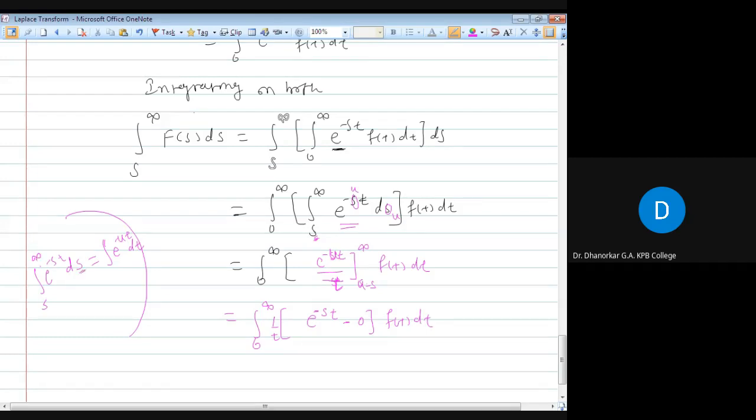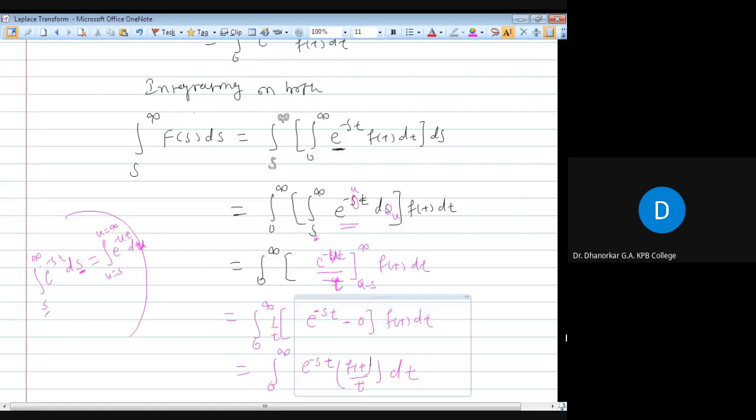We are not taking the integrand with respect to s, therefore I am changing this in terms of u, where u goes from s to infinity. That's why I'm making the corresponding change. Putting in the upper and lower limits, we get integration from 0 to infinity of e raised to power minus st, and this 1 by t I will write here, f of t divided by t, dt.